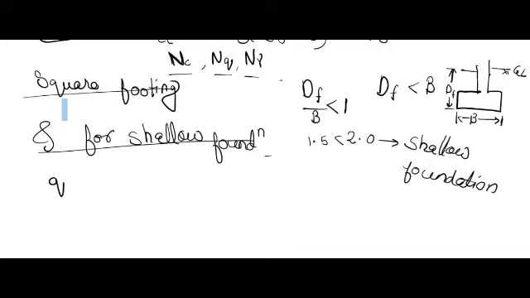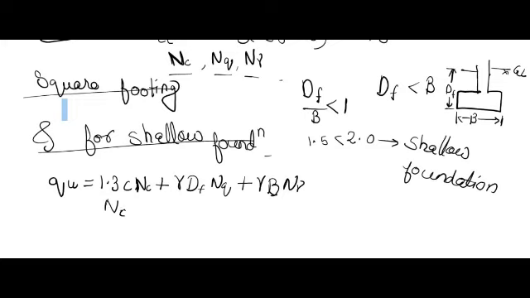The ultimate bearing capacity of soil, qu, is given as equal to 1.3 c Nc plus gamma Df Nq plus gamma B N gamma. Okay, from these factors, in the problem only the Nc value is given.